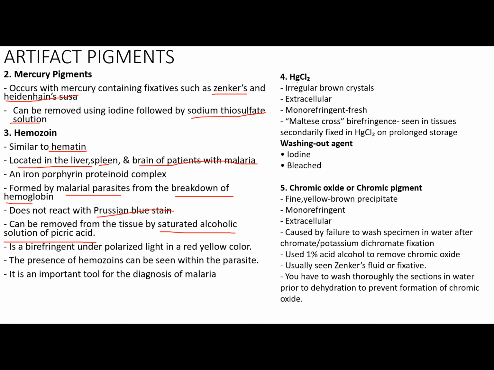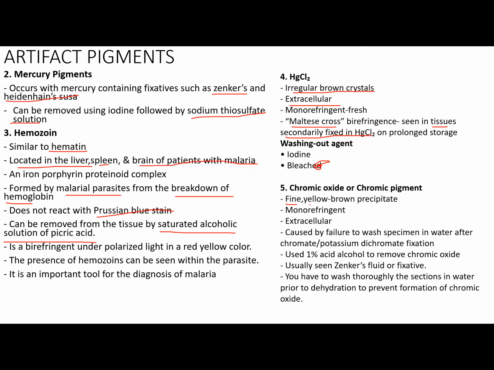Then we have your mercuric chloride pigments, class. These are irregular brown crystals, extracellular, monorefringent fresh, showing a Maltese cross birefringence, seen in tissues secondarily fixed in mercuric chloride. Washing out agent, class, is iodine and bleach. Then we have your chromic oxide or chromic pigment.